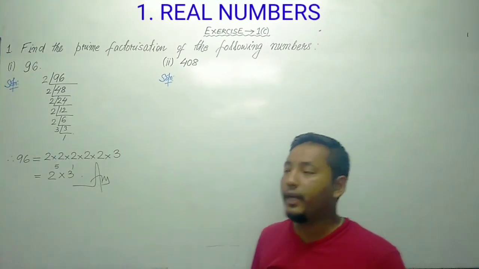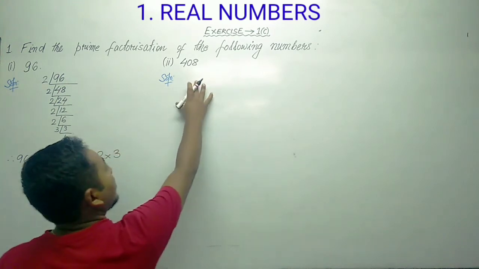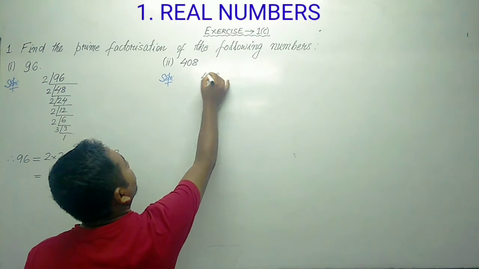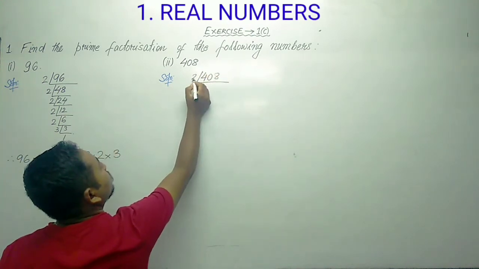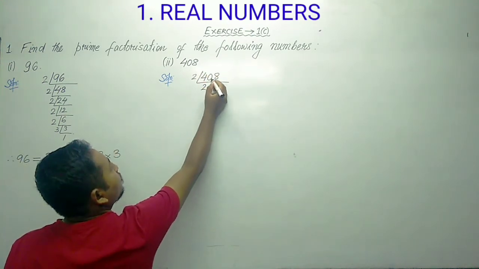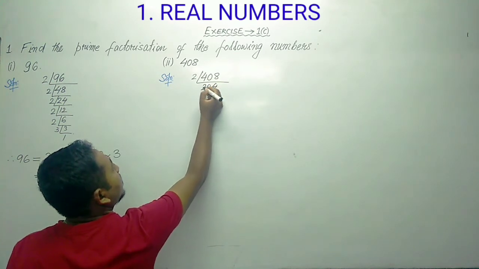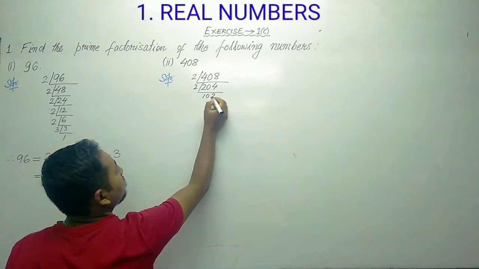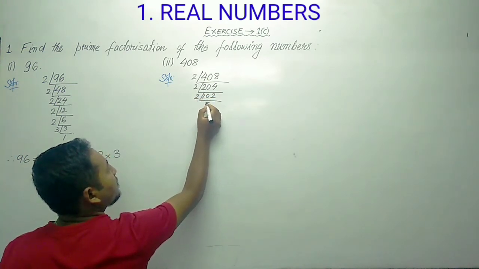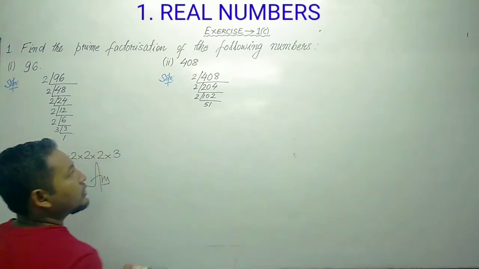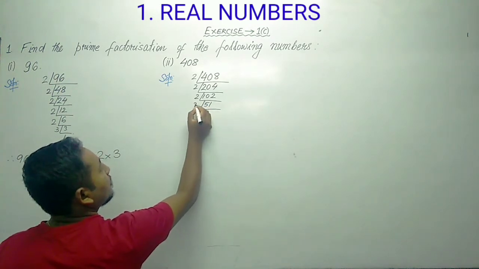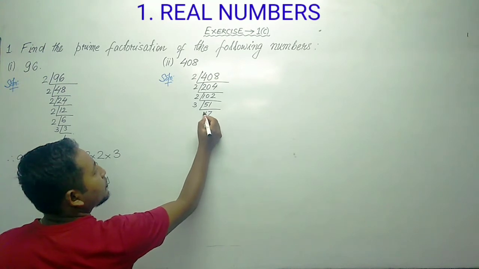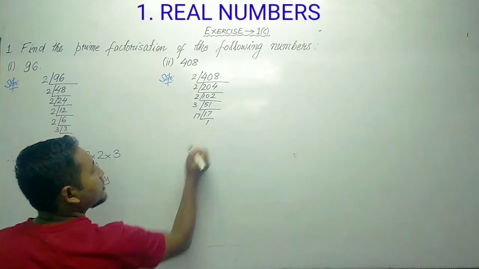Number 2, 408. Let us convert this 408 as a product of its prime factors. You have 408. Let us try. 2 2s are 4, 2 zeros are 0, 2 4s are 8. Again, 2 1s are 2, 2 zeros are 0, 2 2s are 4. 2 5s are 10, 2 1s are 2. 3 1s are 3, carry 2, 21, 3 7s are 21. 17 1s are 17.